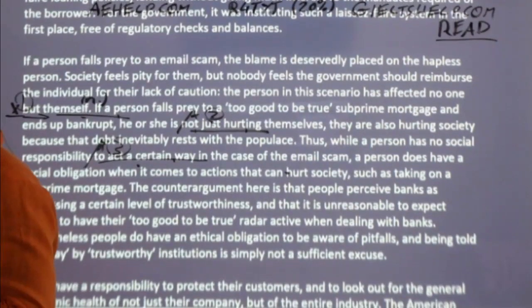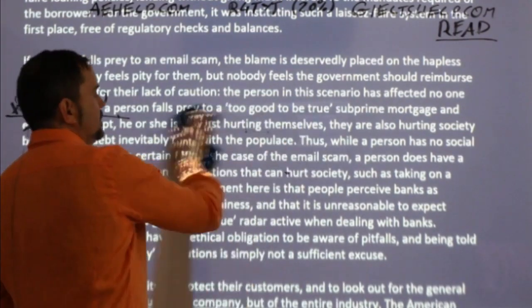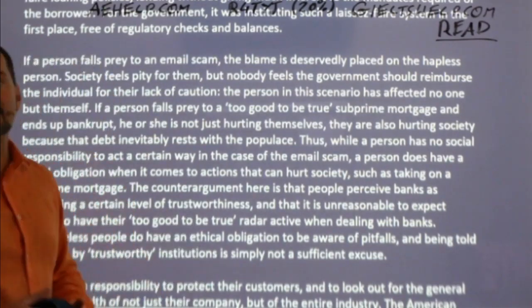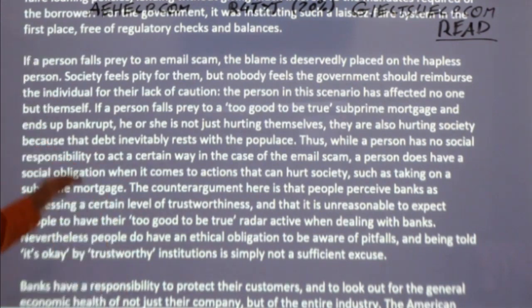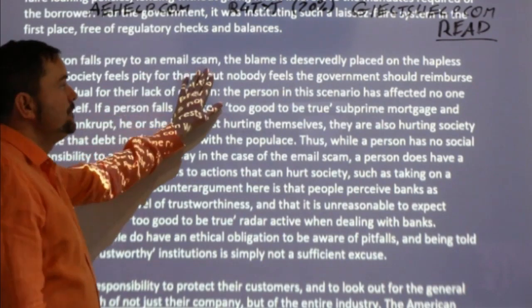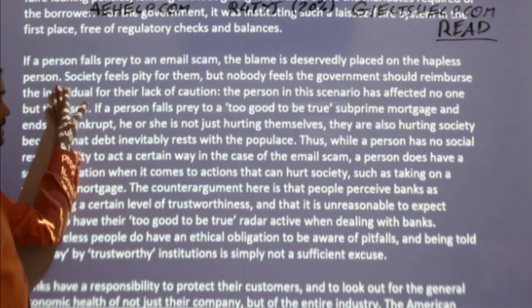Here we go. We're going to read nice and fluently, reflect verbally, and then we're going to get to the questions. Here we go. So read with me, students. If a person falls prey to an email scam, the blame is deservedly placed on the hapless person.